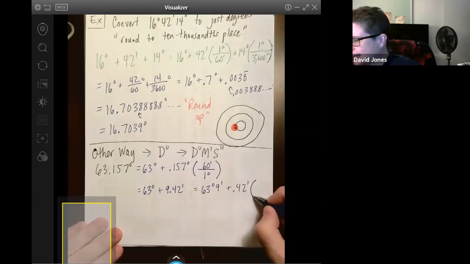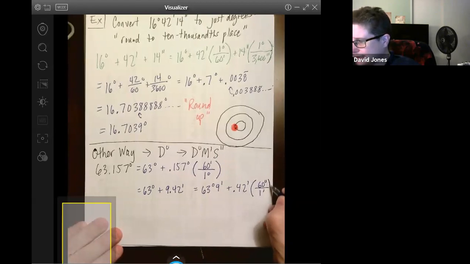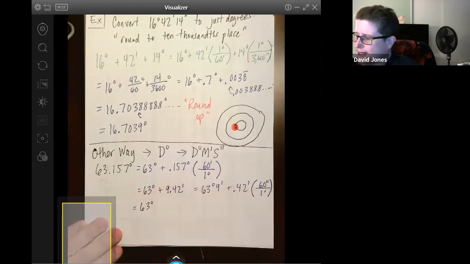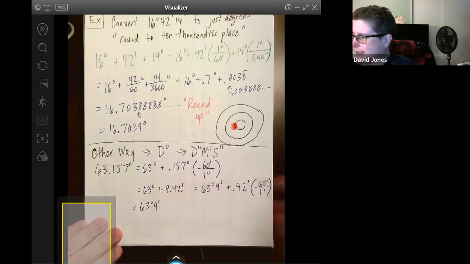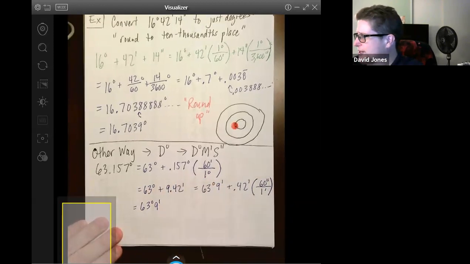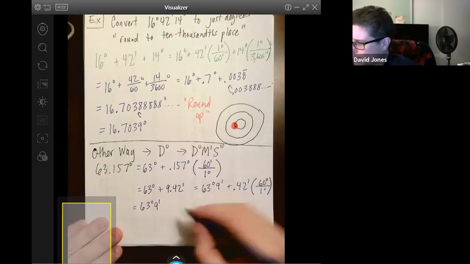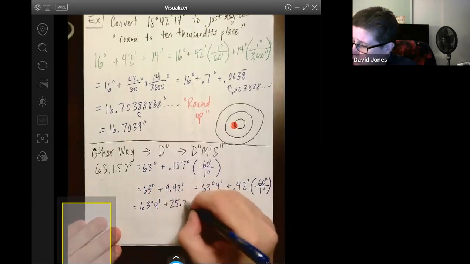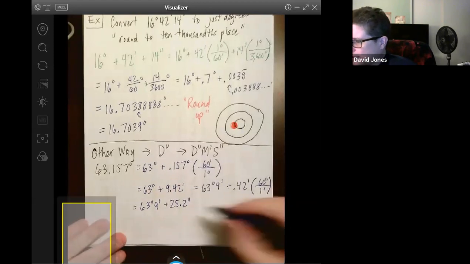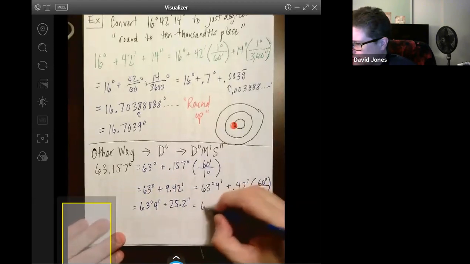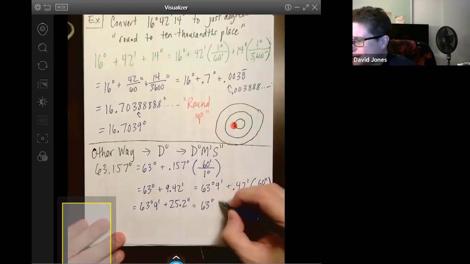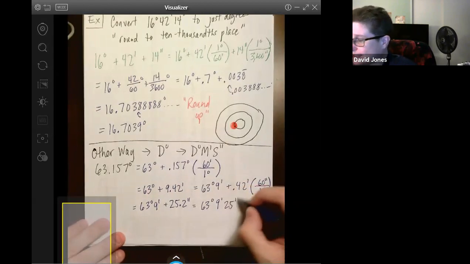And every minute is 60 seconds. So we got 63 degrees, 9 minutes, 0.42 times 60 is about 25.2. And so we've got, at this point, you dump partial seconds, 63 degrees, 9 minutes, 25 seconds.